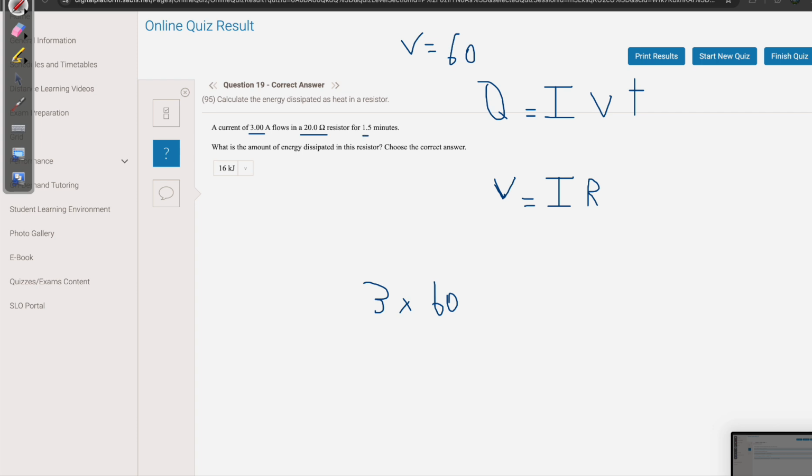Again, we need the time in seconds, so we do times 1.5 times 60. 3 times 60 times 1.5 times 60 will give you 16,200. But here again they want it in kilojoules, so you divide by 1000 and you get 16.2 kilojoules.